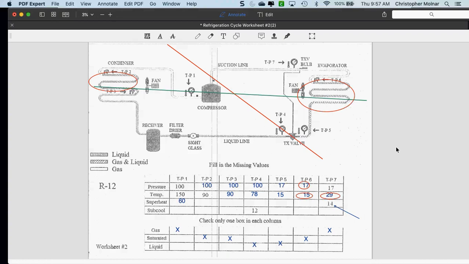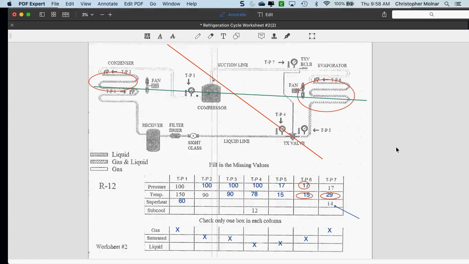So what do I use superheat for? Why do I care about superheat? What does it tell me about the refrigerant in the evaporator? Well, I just gave you two examples. If I have more refrigerant in the evaporator, my superheat is going to be lower, right?